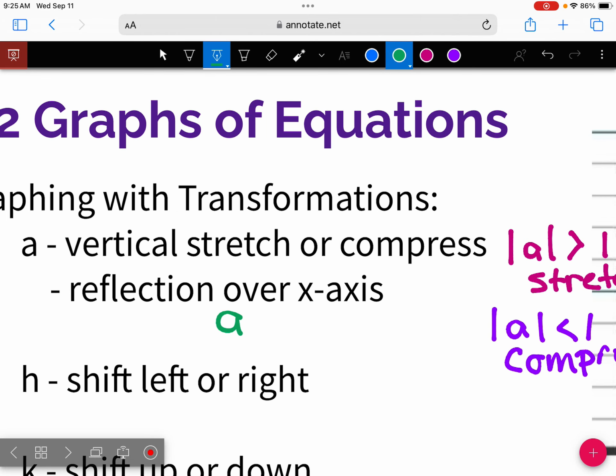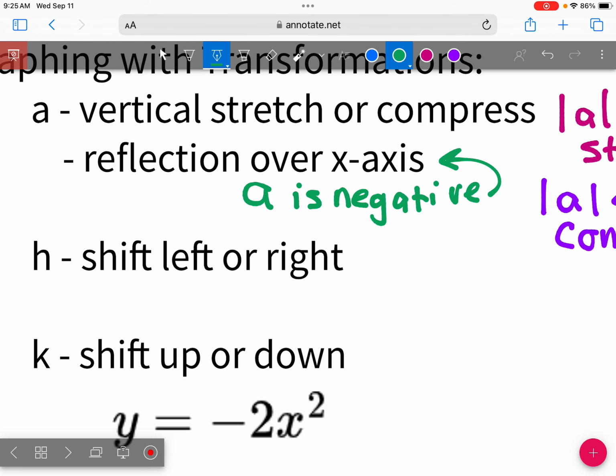And if A is negative, we have a reflection. So it's a stretch if our A is farther away from 0 than 1. It's a compress if it's closer to 0 than 1. And A being negative makes it flip upside down.